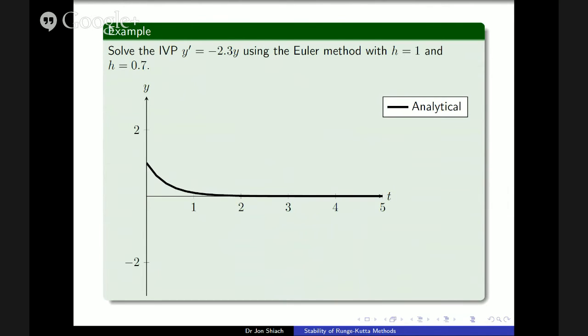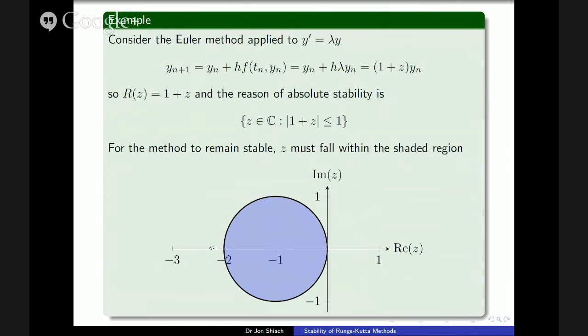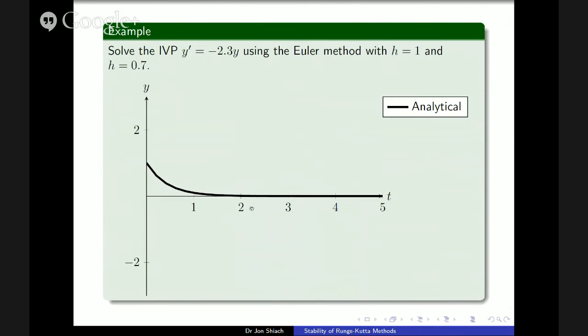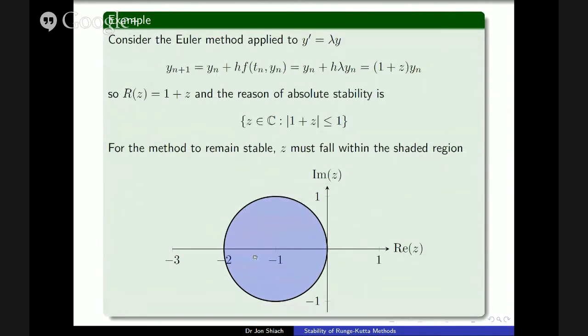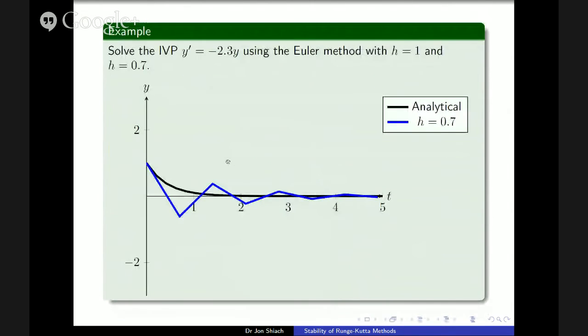When h is 1, my z will be minus 2.3. Minus 2.3 is about here, where my mouse cursor is. That's outside the region of absolute stability. When h is 0.7, I'll have 0.7 times 2.3, which will be somewhere inside here. So with h equal to 0.7, I'm in the region of absolute stability.